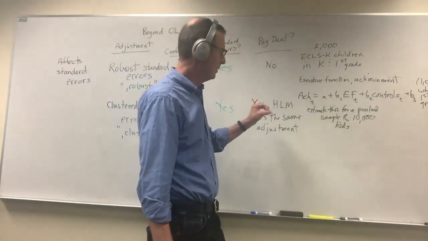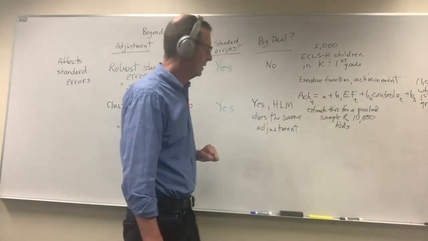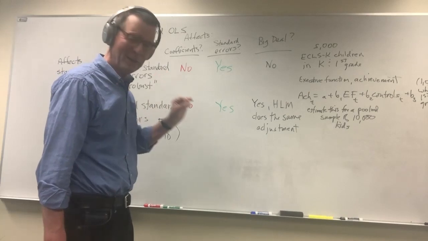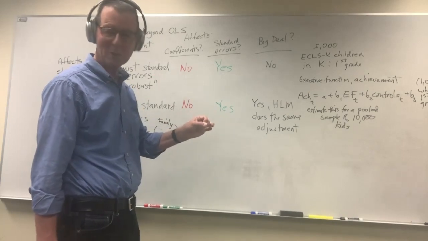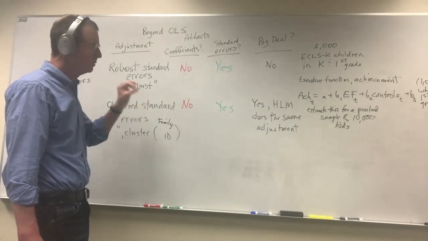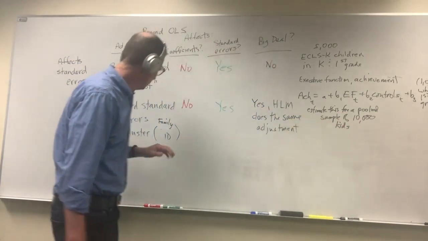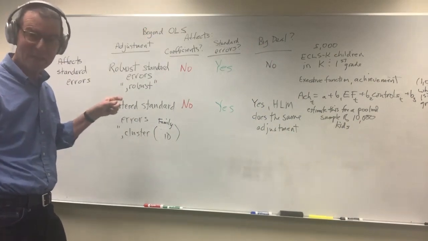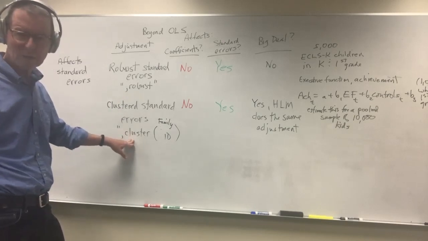But this is obviously a case where you've got non-independent observations, right? It's the same kids in kindergarten and first grade, but they aren't identical kids, right? Children in first grade can look rather different from those same children in kindergarten. So if you want to take advantage of up to 10,000 observations, but also want to make sure that you account for the fact that they're not independent of one another, you can use this cluster adjustment for the standard errors, right?